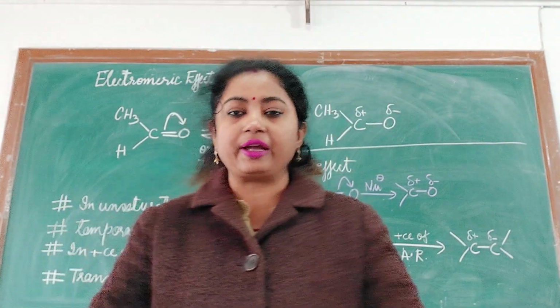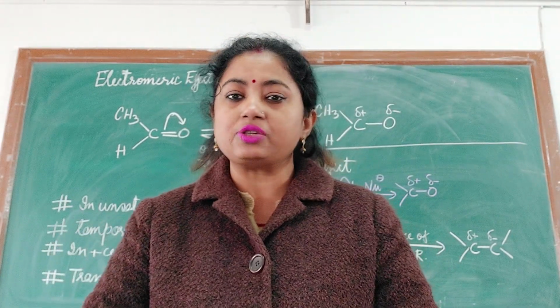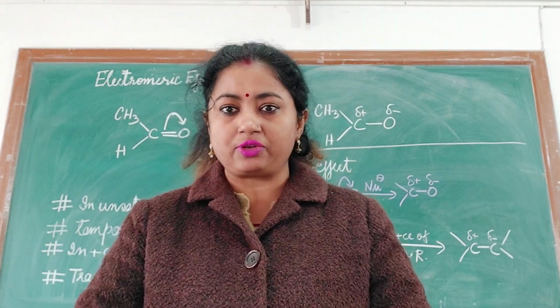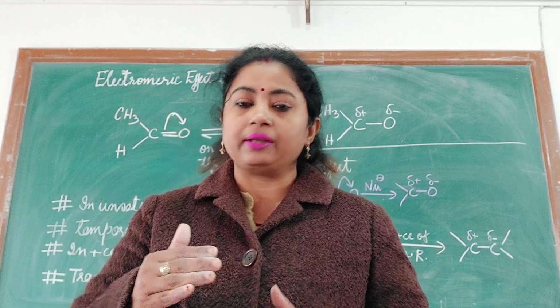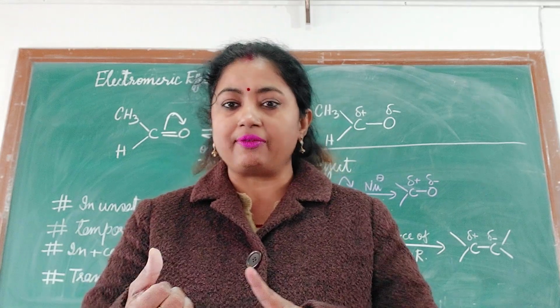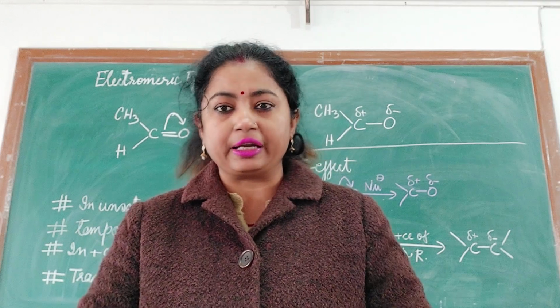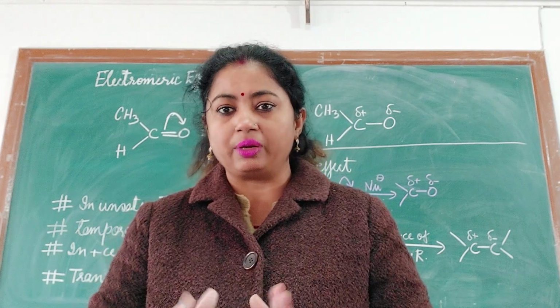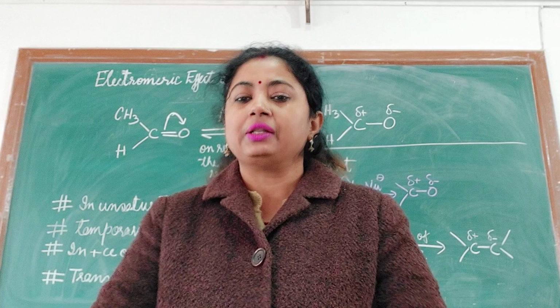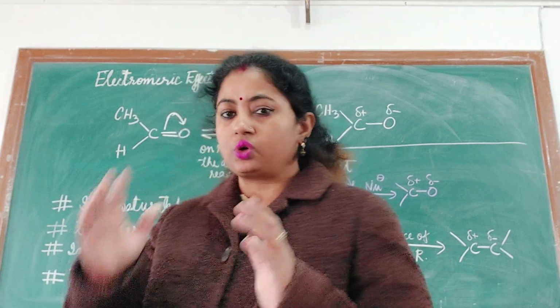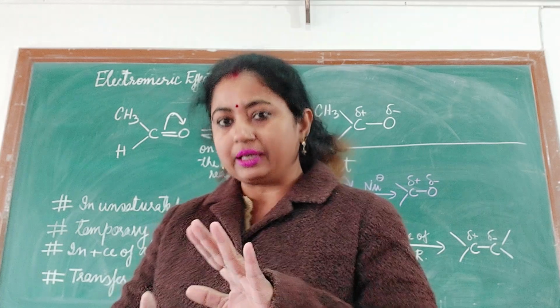This effect occurs in the presence of an attacking reagent, either a nucleophile or an electrophile. In reaction intermediates I will tell you about nucleophile, electrophile, carbanion, free radicals and carbonium ion; all will be discussed after explaining these four types of effects. So don't concentrate a lot on that, it will be explained.